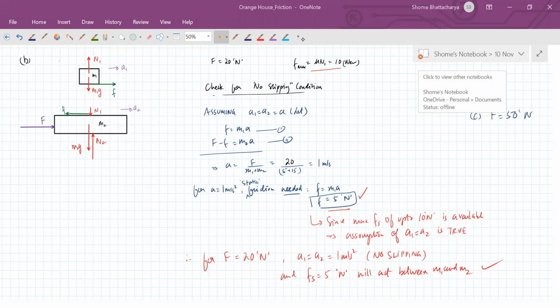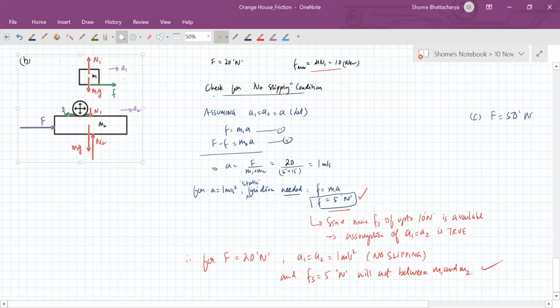So Sarvesh, you're saying they will have common acceleration in the last part. Okay, so you start with the same method, that assume there is common acceleration and check out how much friction is required.